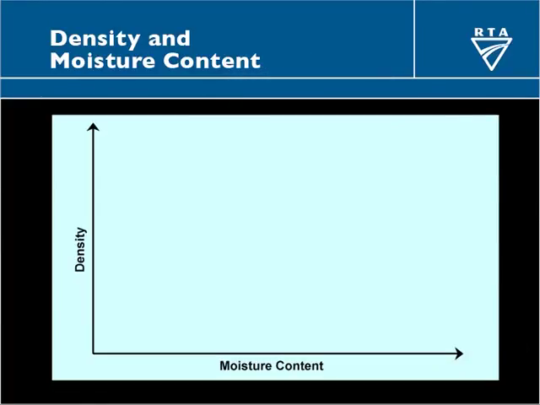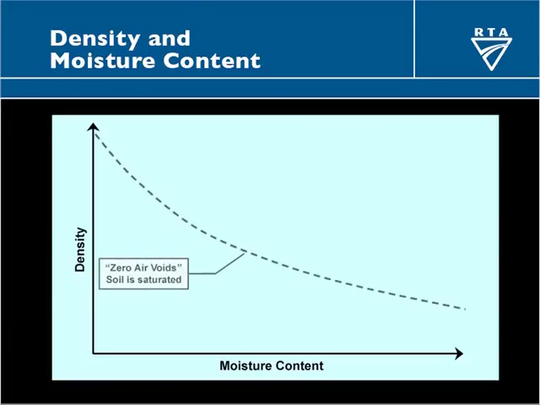And if you do that for a variety of moisture contents, you can establish a curve that looks something like this. It's known in our business as the zero air voids line or curve, and on that line a soil with a given particle density is saturated, and that means that you can't get any more water into it at all because all the voids are full of water already.